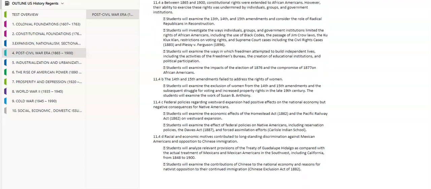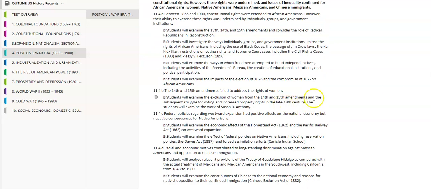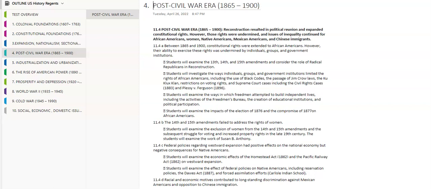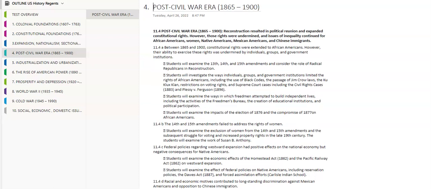And if you go through this little bit here, you see we're talking about the Reconstruction era and the social problems that don't get resolved. The 14th, 15th Amendments gave equal rights based on race and gave voting rights to blacks, but it didn't give it to women. So the rights of women are still hanging out there to be resolved.